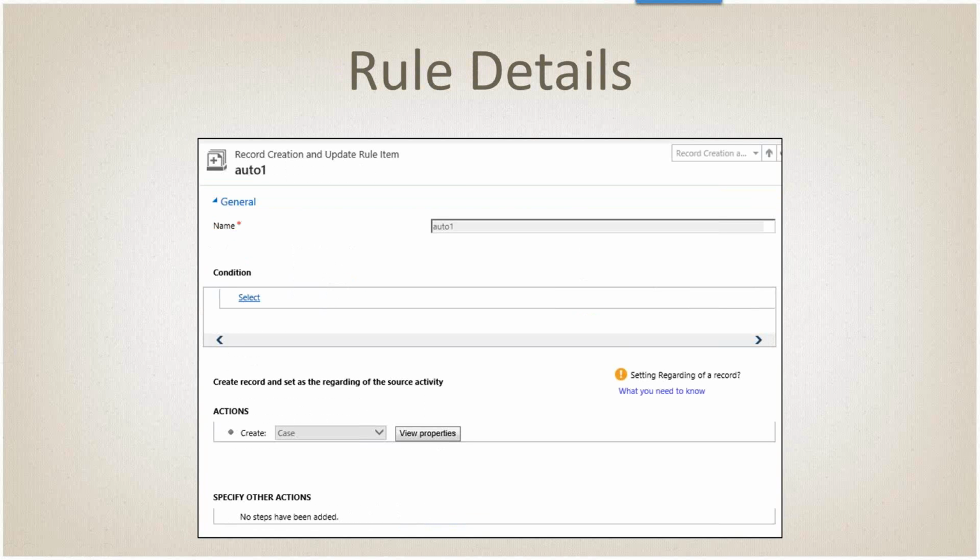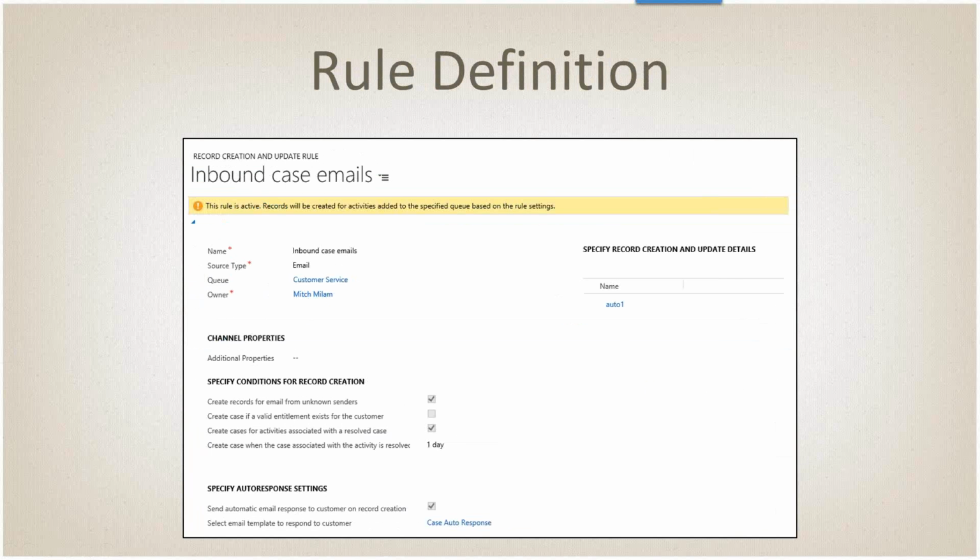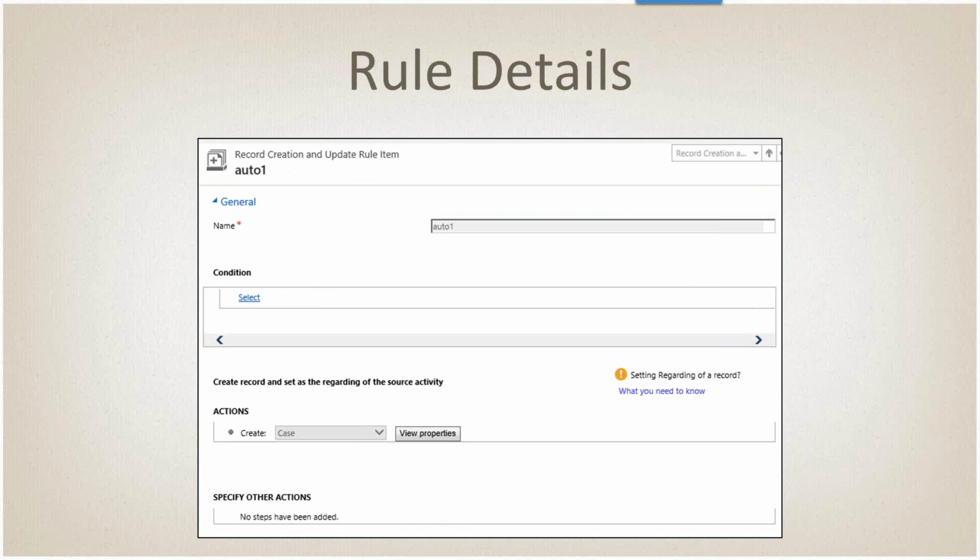And basically the properties that we set are coming off of the email itself. Okay, so those two things: we have a rule that says this is how we're going to handle the automatic case creation, and then we have the detail that says this is what we're creating.